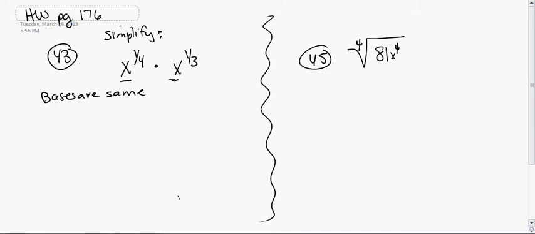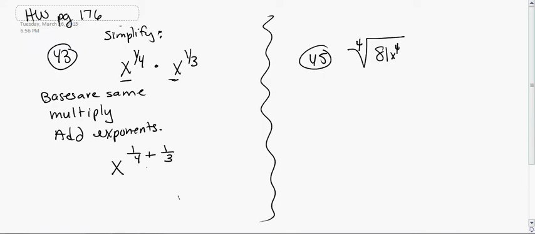So since the bases are the same and I'm multiplying, x to the 1/4 times x to the 1/3, that means I can add the exponents. So I'm really going to be going x to the 1/4 plus 1/3 power.